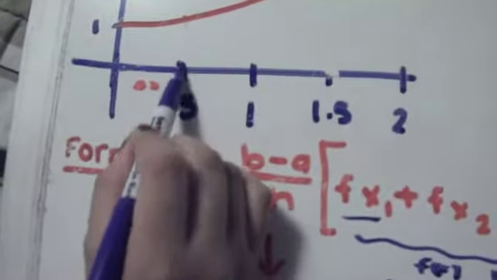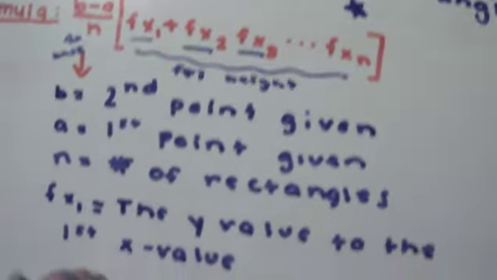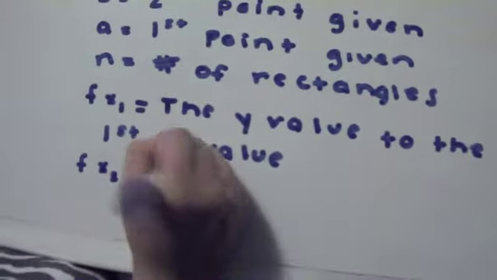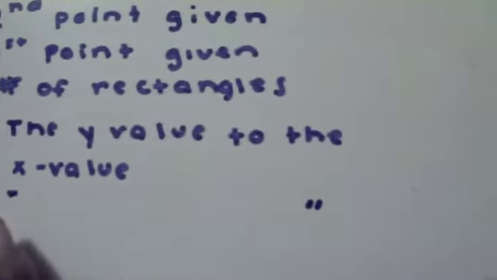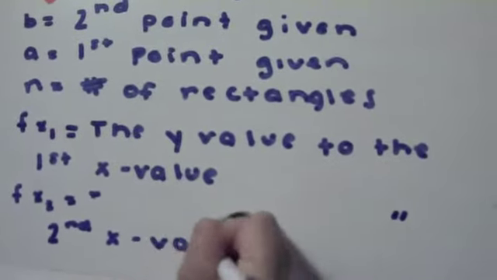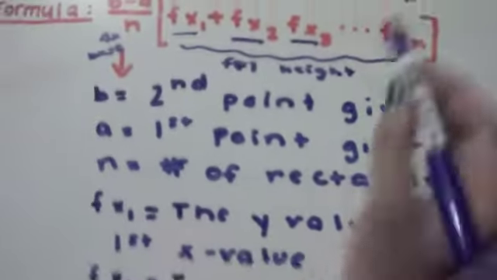So it'll be this one, I'll show you later. The rest of these are the same thing. So I'll just do subinterval 2. It's the same thing as this, but to your second x value. And it goes on until you finish all your rectangles.